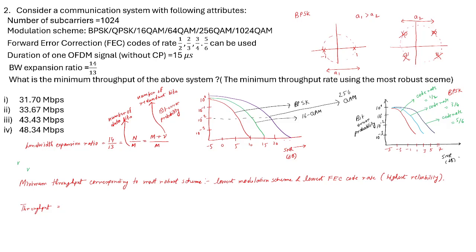That's why we call it bandwidth expansion ratio. You need more bandwidth compared to when you transmit the naked data stream, or corresponds to when you are using some error correction coding before transmission. That is the difference.